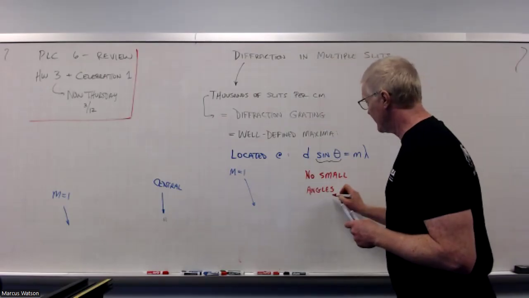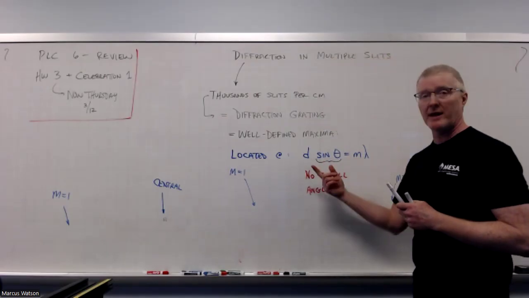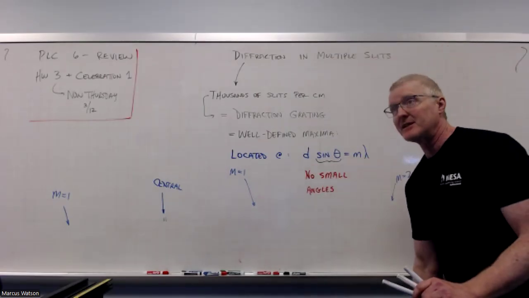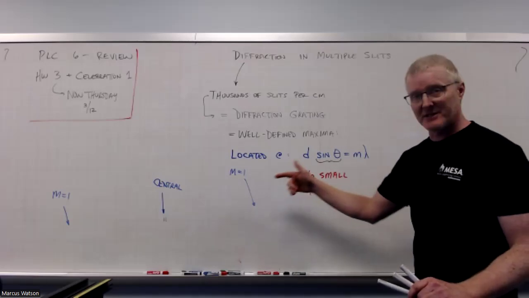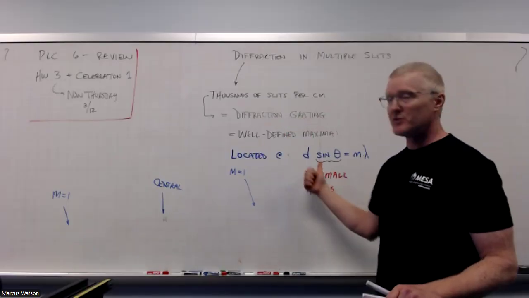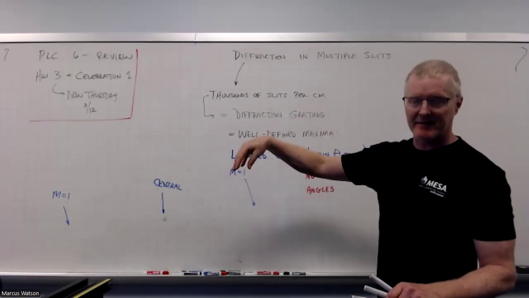This must get calculated if you want to use the locator here. You have to calculate what that angle is. That still means that you use the tangent and you use the y over d, but now you actually have to do the inverse tangent to find the angle, and then take the sine of it.